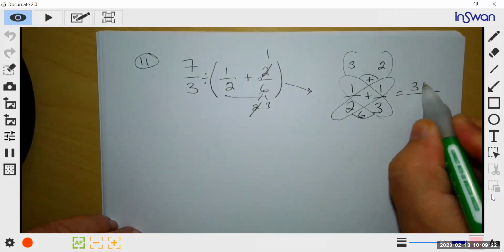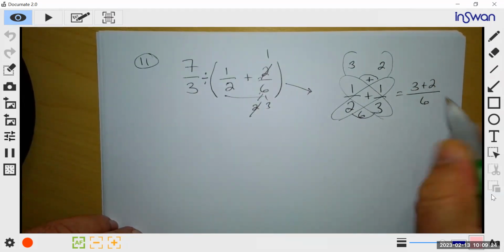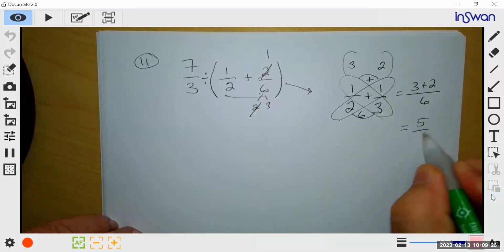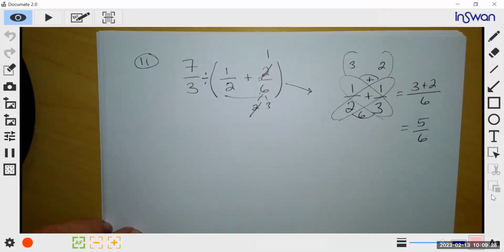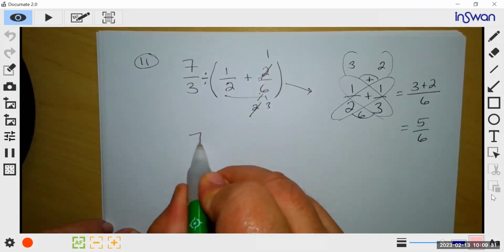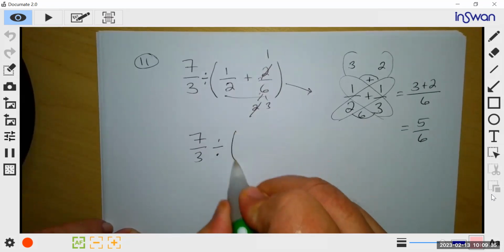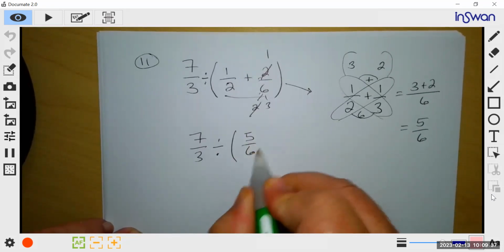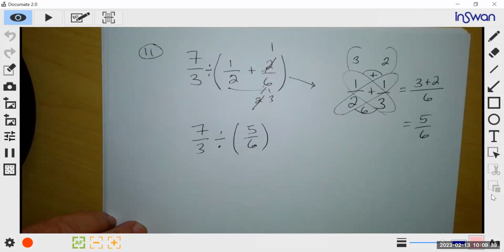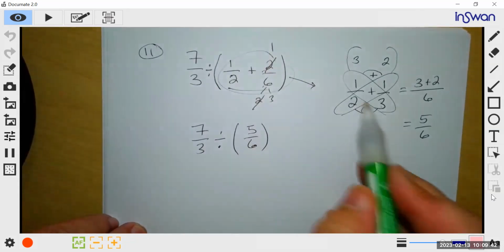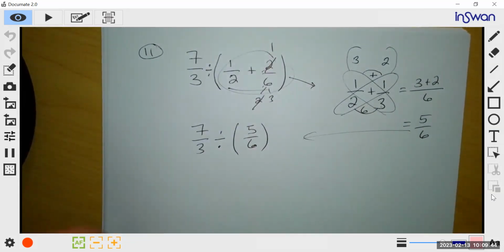So we have 3 plus 2 over 6, 5 over 6. That's what goes inside the parentheses, because that's what we did first. Do we need the parentheses? No, since there's nothing else we can do inside there, we can drop the parentheses.